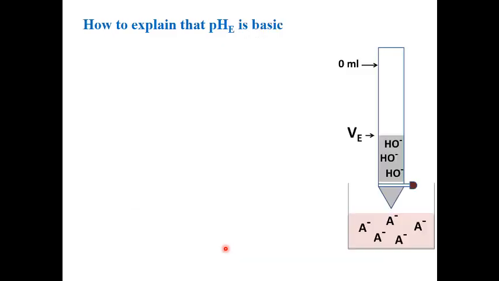Now, how to explain that the pH at equivalence is basic? As we saw there, the pH is not equal to 7 on the graph. Why is it not equal to 7? Let's refer to our axis. At the beginning of the titration, we had OH minus in the burette and CH3COOH in the beaker. Now at the end, it is a total reaction, a complete reaction.